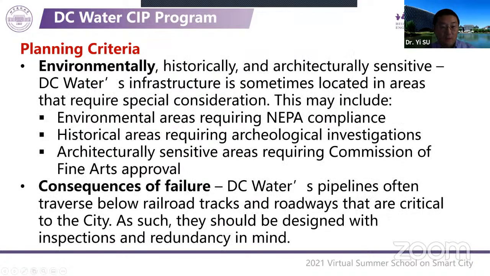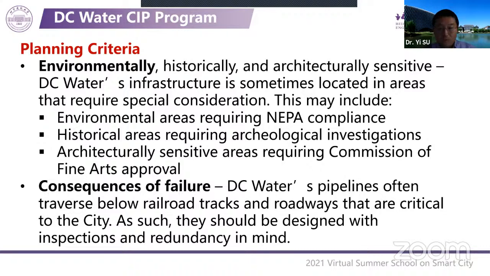Environmentally, there are many requirements, like environmental areas requiring compliance, and historical, because there are many historical buildings and areas in DC, so there are also requirements for archaeology and sensitive areas requiring Commission of Fine Arts approval, and also considering the consequences of failure.